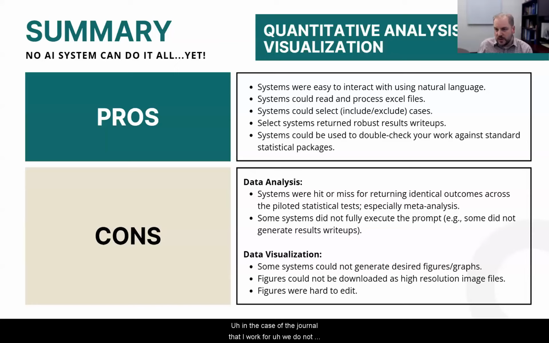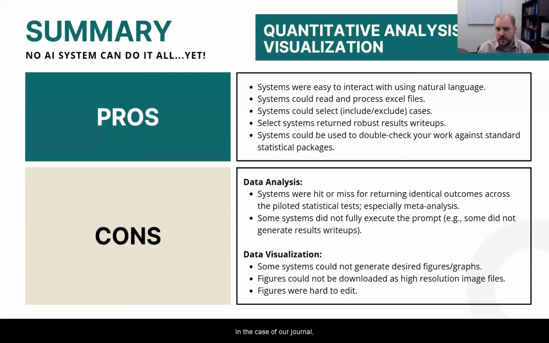In the case of the journal that I work for, we do not have any requirements. It's really the wild, wild west still when it comes to the publishing landscape, and it's highly dependent upon the publisher themselves. So the journal that I'm with publishes through Wiley. Of course, Elsevier has perhaps different stipulations than Springer, et cetera.